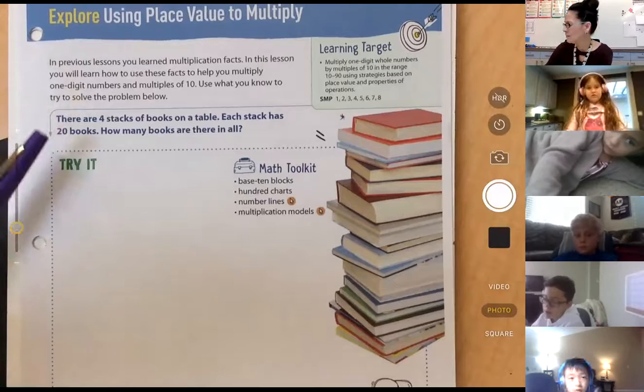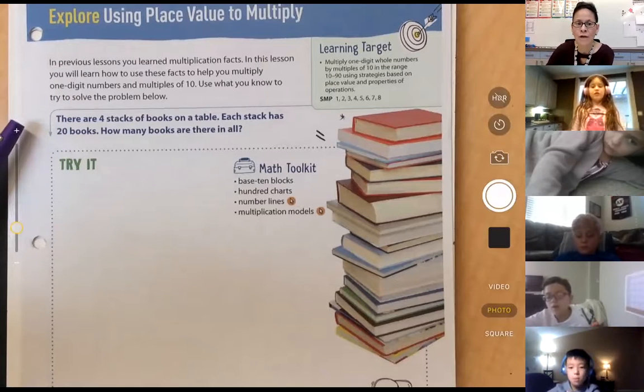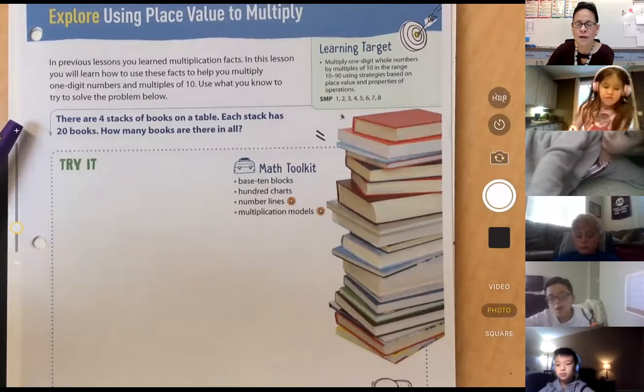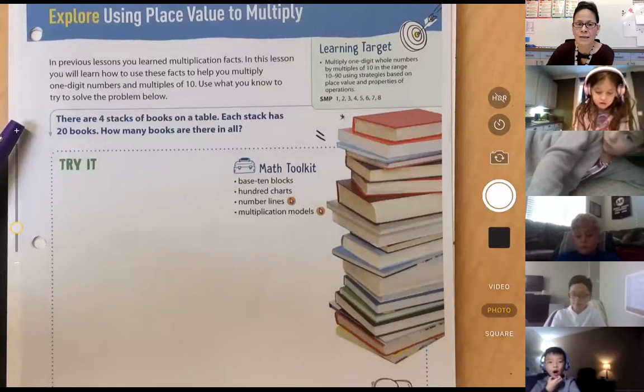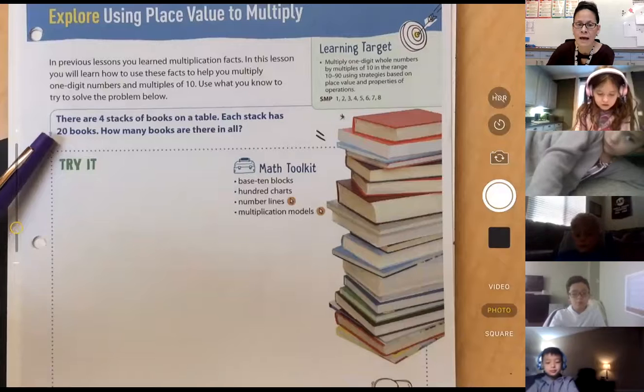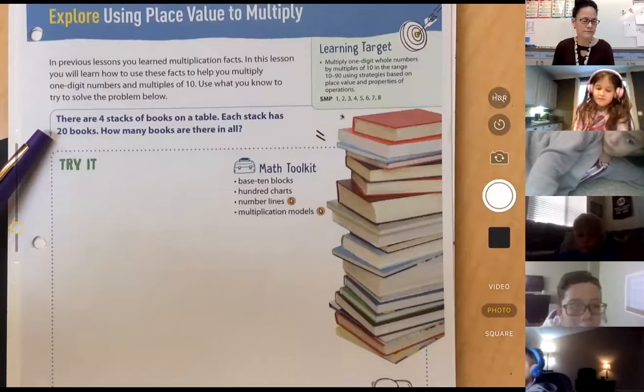Let's take a look at the bold-faced text. Here's the question. There are 4 stacks of books on a table. Each stack has 20 books. How many books are there in all? Now, friends, going back to close read strategies.